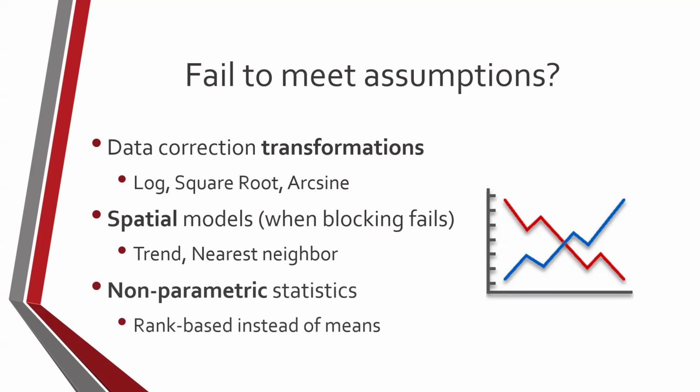Third option to us would be non-parametric statistics. So we just throw out ANOVA. Let's not even perform ANOVA, because then we can throw out its assumptions. And instead, we analyze the data by ranking the assessment values.